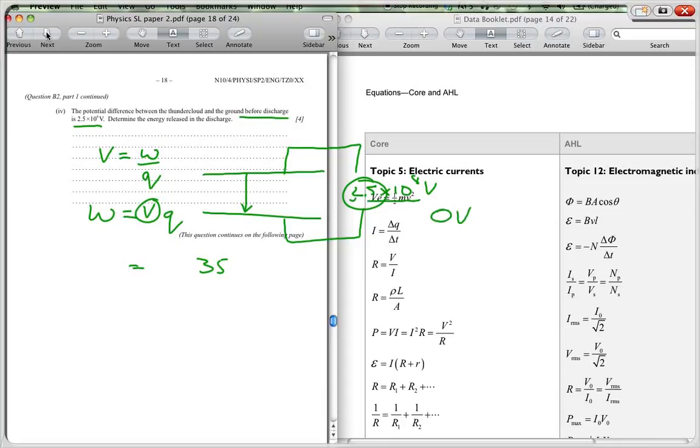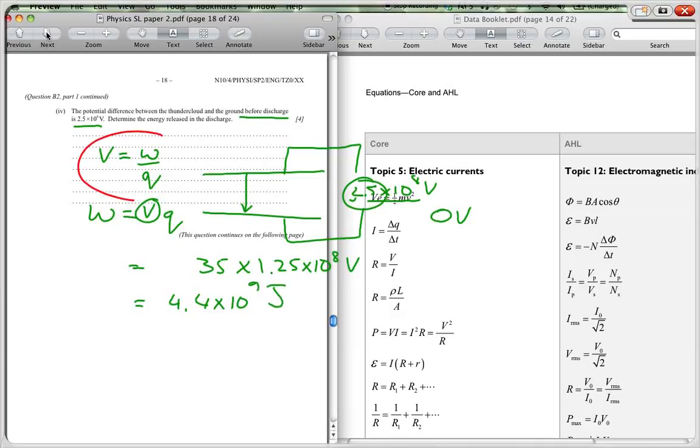At the end it will be 0 volts. So the average potential difference during this transfer of charge is actually going to be 1.25. So we're going to multiply this value by 1.25 times 10 to the 8 volts. And from that we get 4.4 times 10 to the 9 joules.